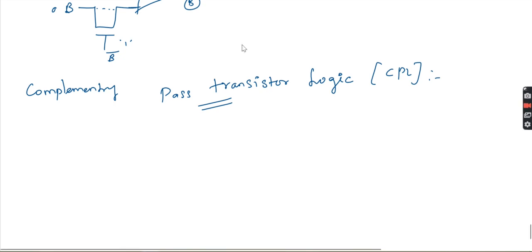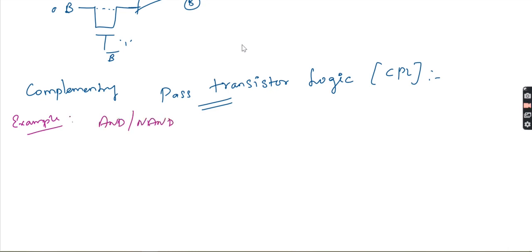Here let us implement AND, and in pass transistor logic we get both AND and NAND, as well as XOR and XNOR.